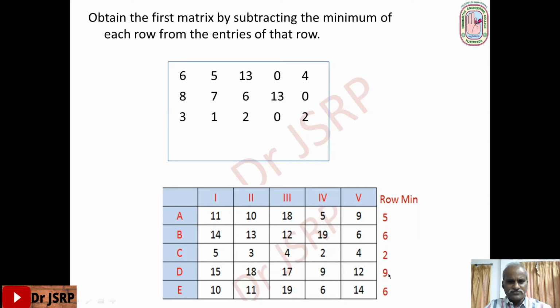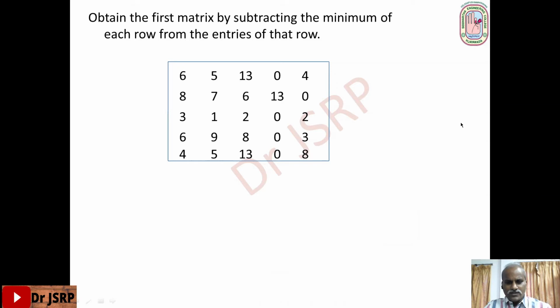Similarly, subtract 9 from the fourth row. These are the entries. Subtract 6 from the last row. Okay. So this is the first matrix obtained by subtracting the minimum of each row from the entries of that row. That means this matrix gives possible assignments of jobs.